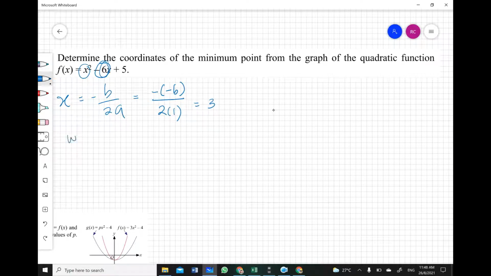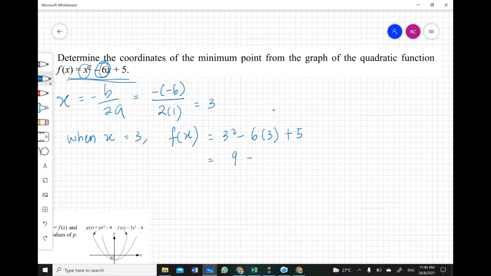3, correct. So when x is equal to 3, what is the value of f(x)? You substitute into everything here. So it will be 3² - 6 × 3 + 5. So here you get 9 - 18 + 5. 9 minus 18 is negative 9, and negative 9 plus 5 is negative 4.